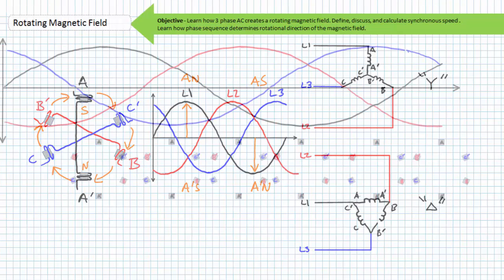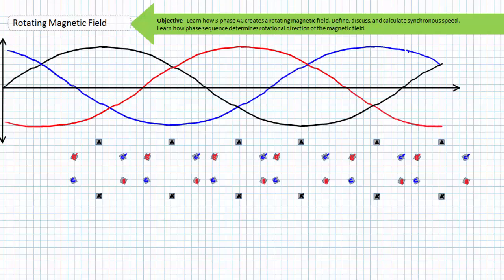Let us first examine each phase's contribution to the pattern at 6 different predetermined times. You'll notice the color code of the poles match the phase. If winding A receives the black L1 phase, at the positive maximum of L1 at time T1, A will be a north pole and A prime will be a south pole.